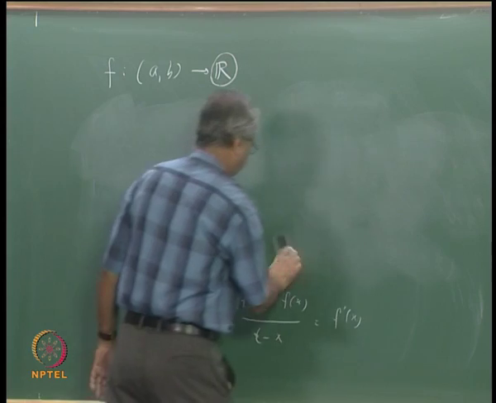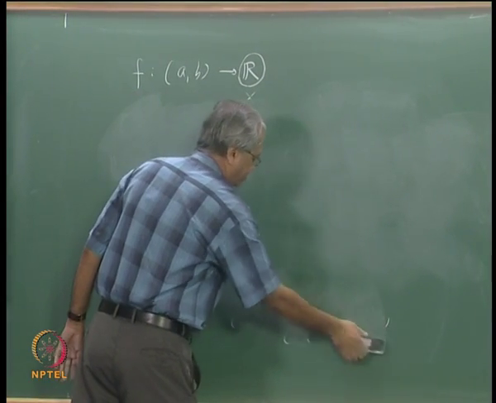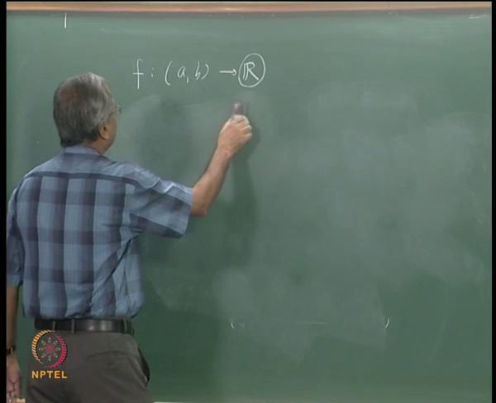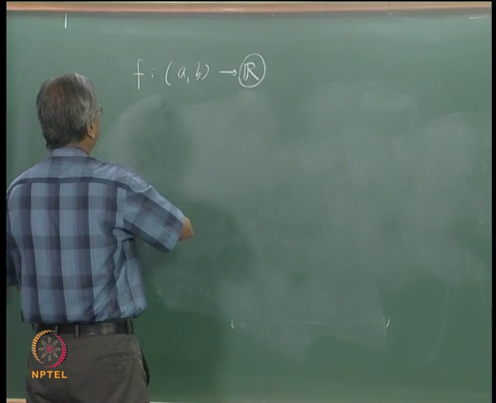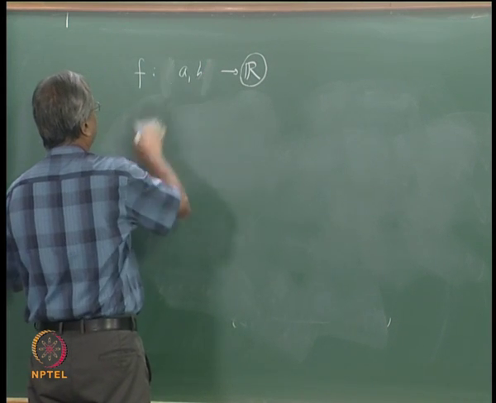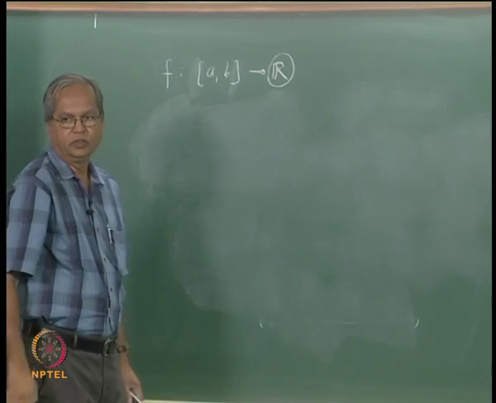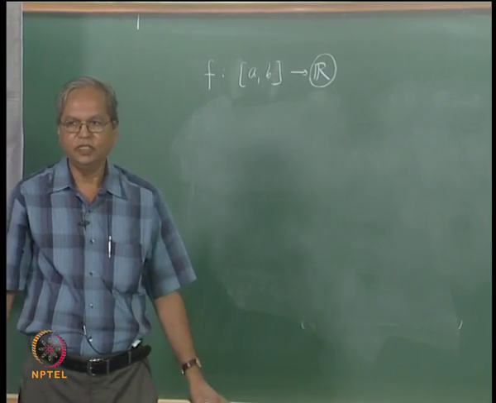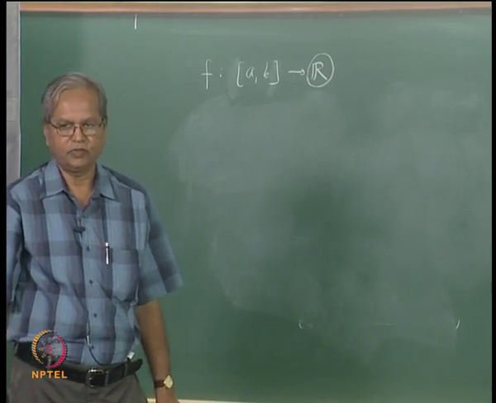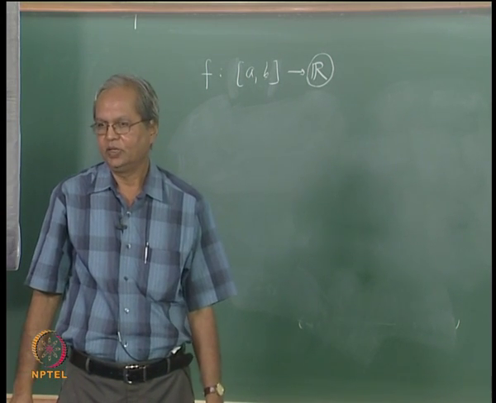Let me again recall, let us take the case of Lagrange's mean value theorem. What did that say? We said that the function should be continuous in the closed interval [a,b] and differentiable in the open interval (a,b). Then what should happen?